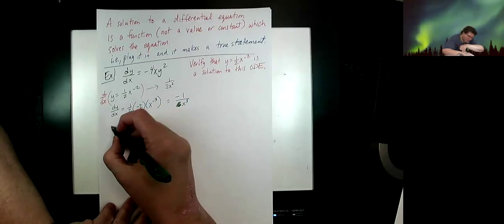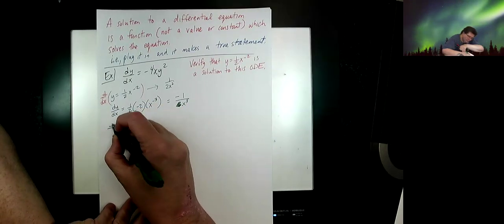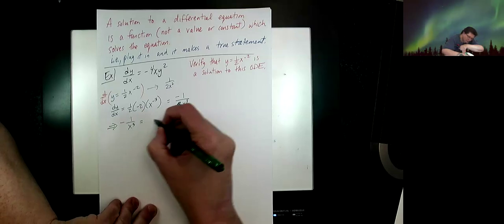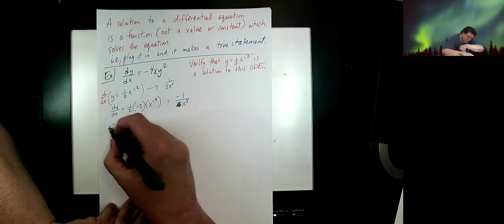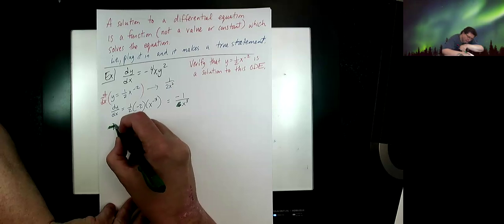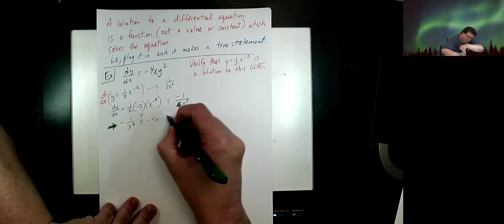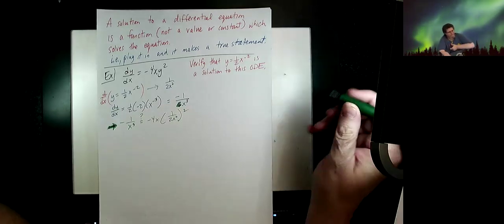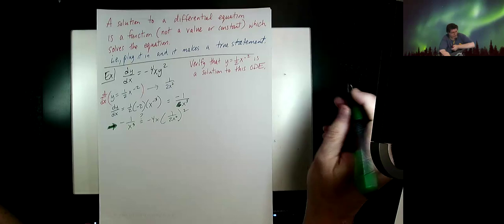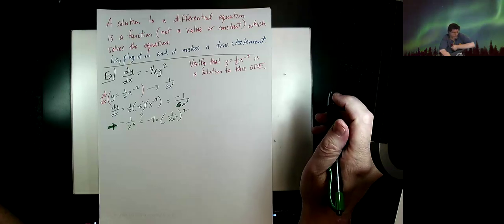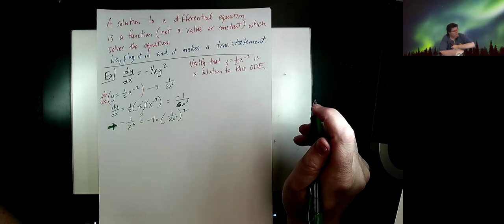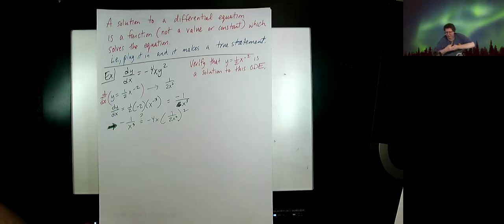So what we're trying to show is that negative 1 over x cubed equals, I'll put a question mark over it because we're verifying it, negative 4x times 1 over 2x squared. That's what we want to check. Go ahead and run through that algebra for a quick second. Shouldn't take you long.